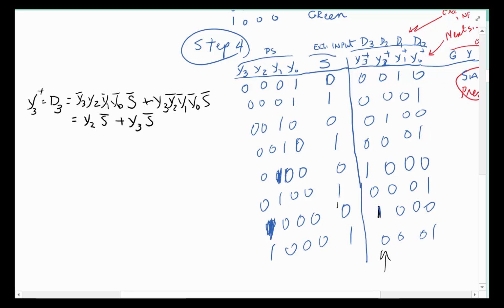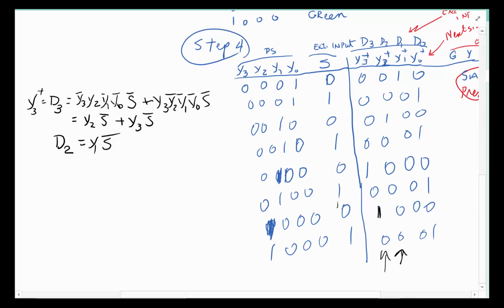Now, using the same philosophy, this time I'm not going to write the whole thing, just going to jump to it. When I look at D2, I find that D2 is equal to Y2 S plus, now here, just one instance, and that is when Y1 is true, S is not pressed, and that's it.